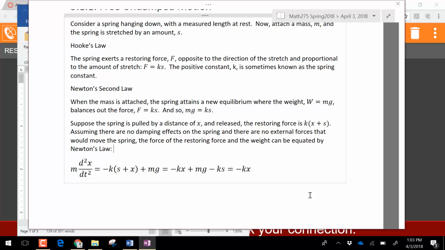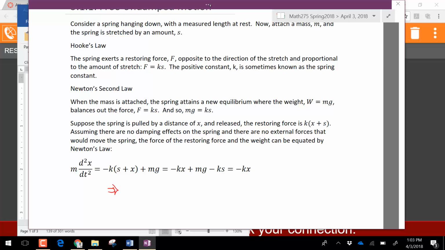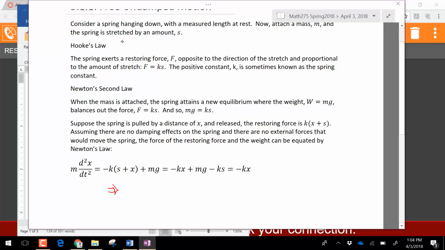So I think from here we're going to make this a nice simple differential equation that we've already seen. We've got the mass times, let's say, x double prime of t is equal to negative k times x of t.